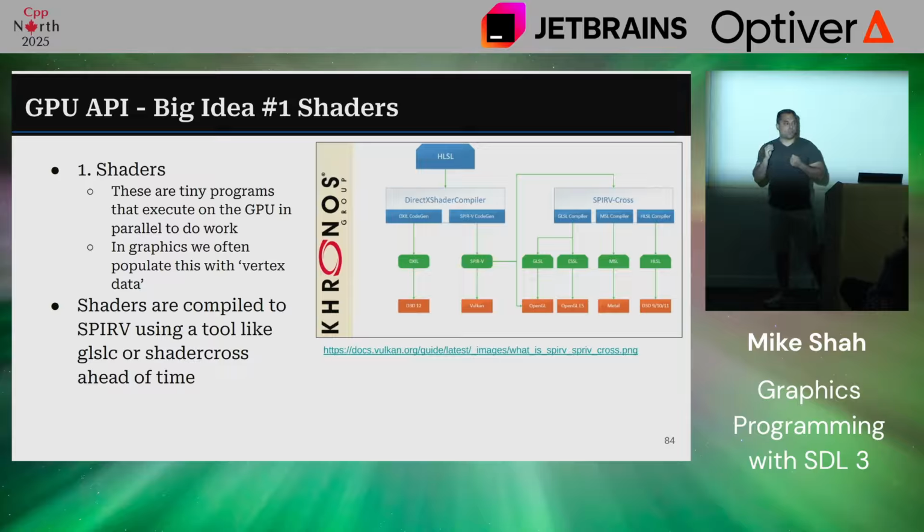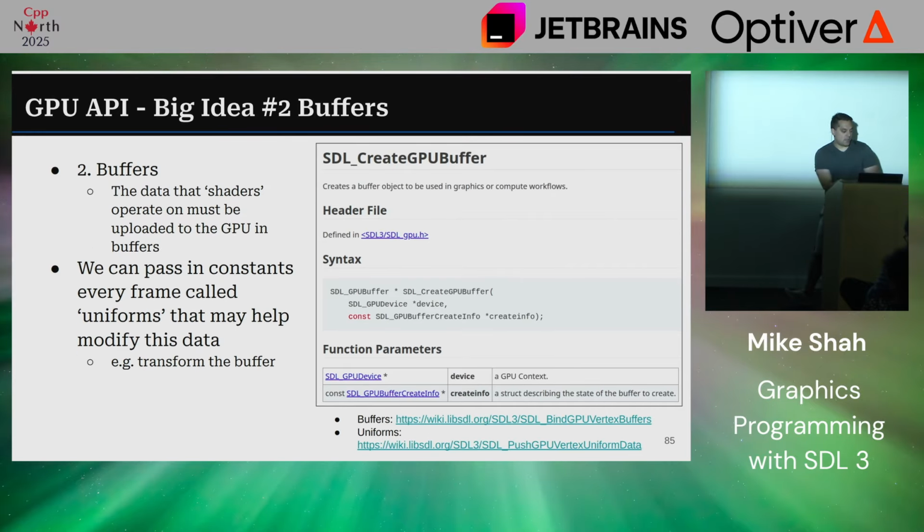So if you're familiar with GLSL or HLSL or really anything, Slang, there's a bunch of these different shading languages to write your shader code in. So again, that's big idea number one.